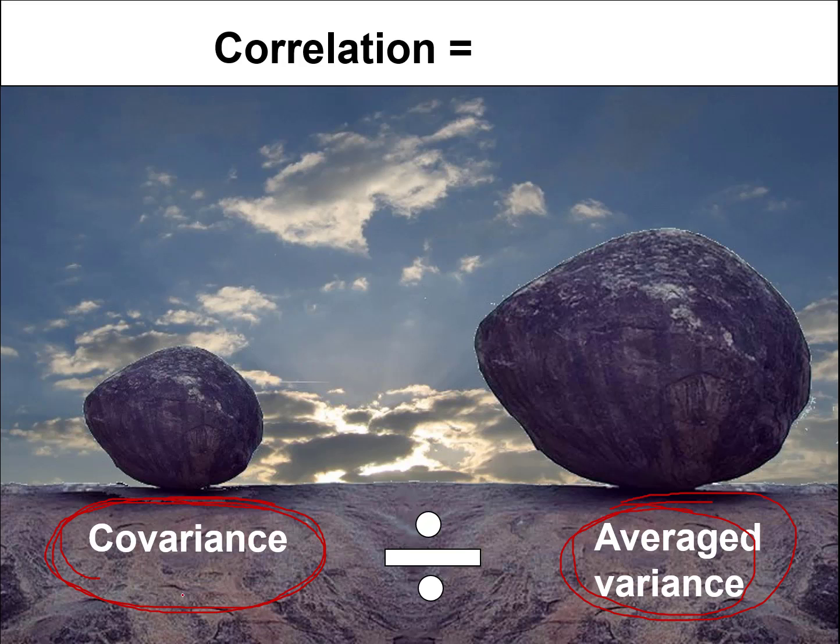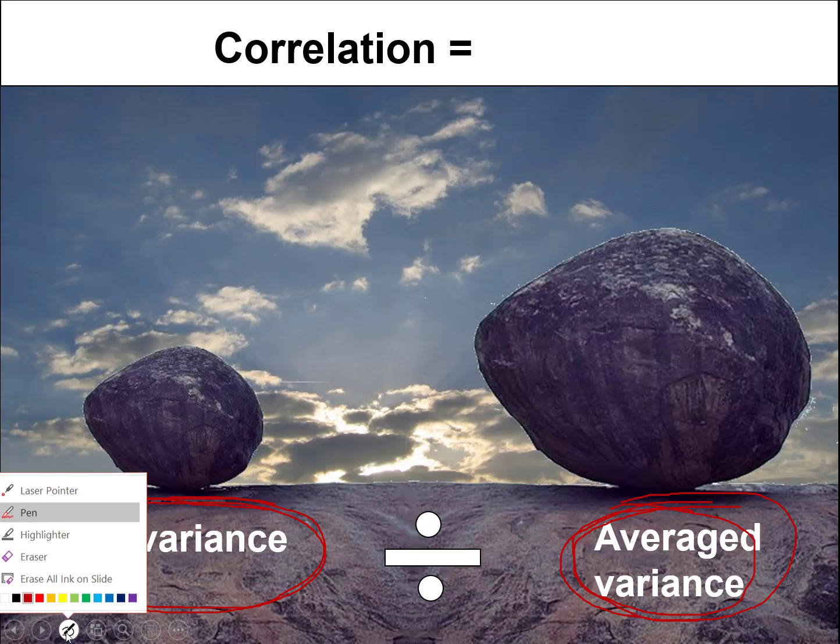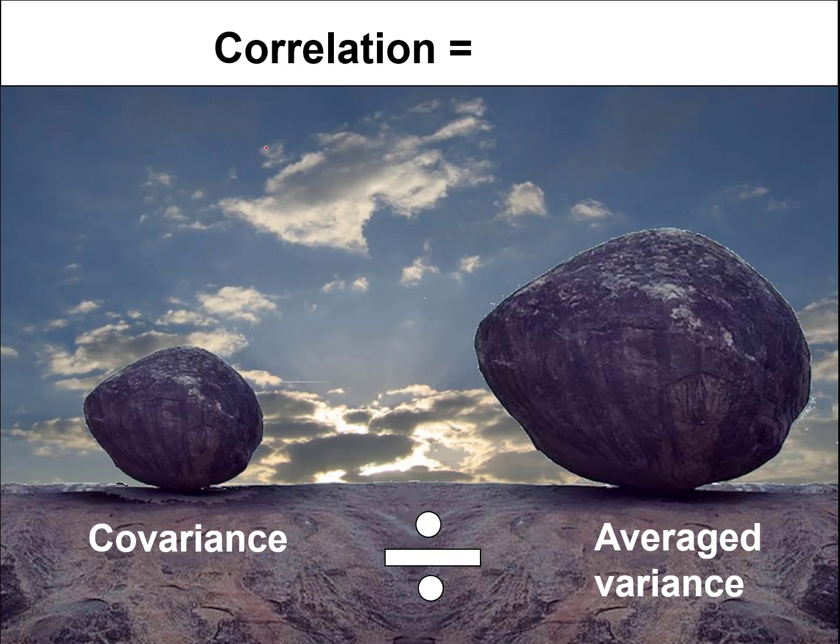So we take our covariance divided by a measure of averaged variance to get essentially the percent of averaged variance that is covariance. And that is actually all a correlation is. So I have at the top of the screen, correlation equals a covariance divided by a measure of averaged variance, which will give us essentially a percent of the averaged variance that is covariance.